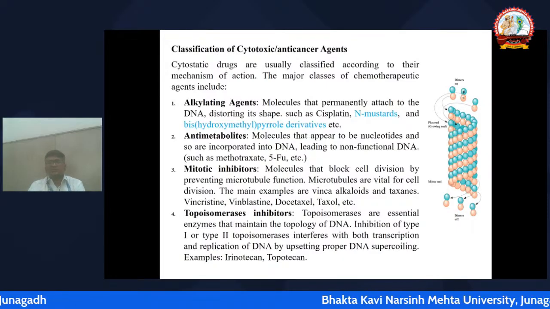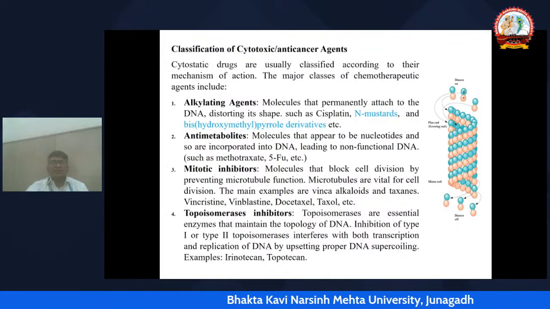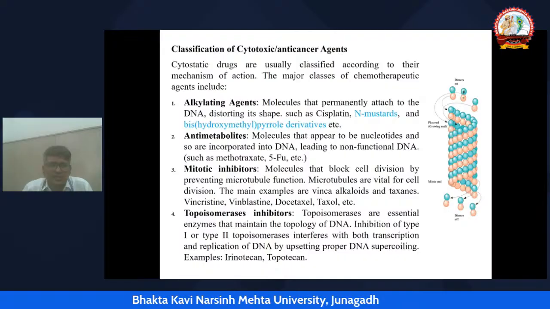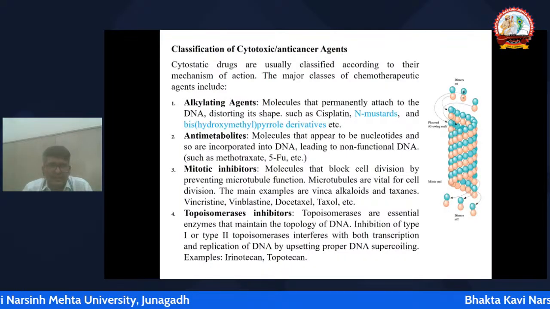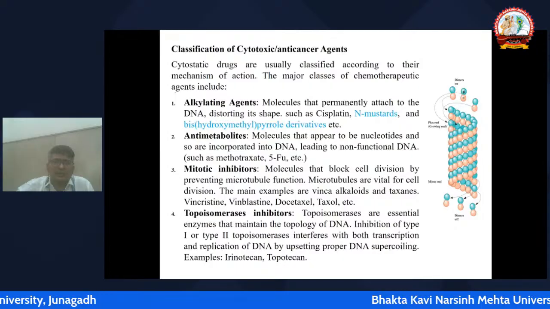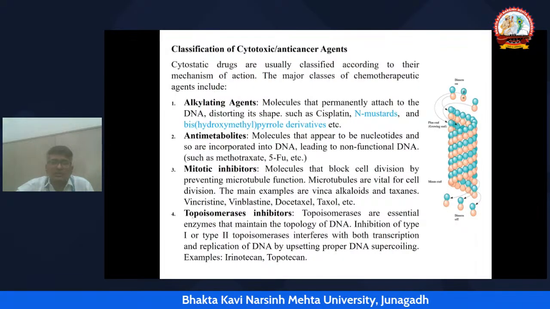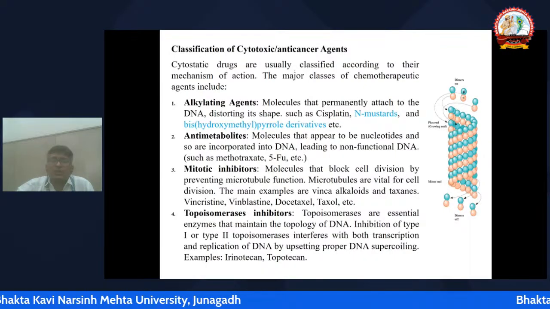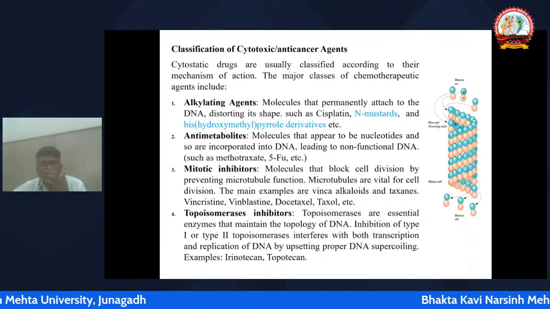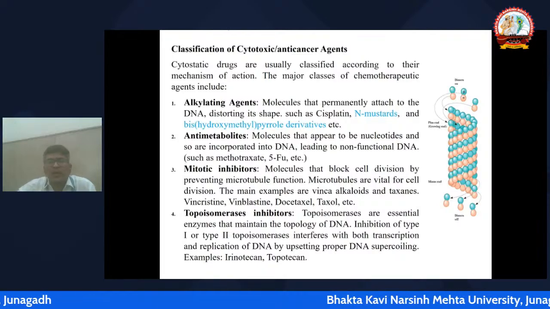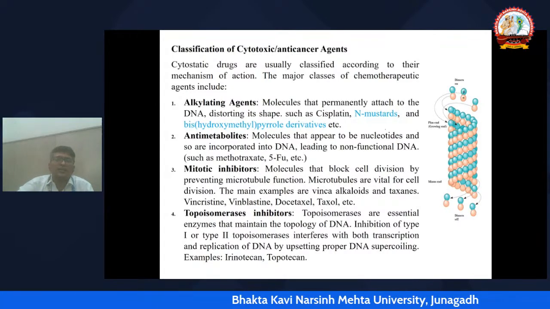Now, this is the first classification of cytotoxic or anti-cancer agents. There are mainly four types of classification: alkylating agents, antimetabolites, mitotic inhibitors, as well as topoisomerase inhibitors. But we are going to see one paper that shows modification through bioisosters.